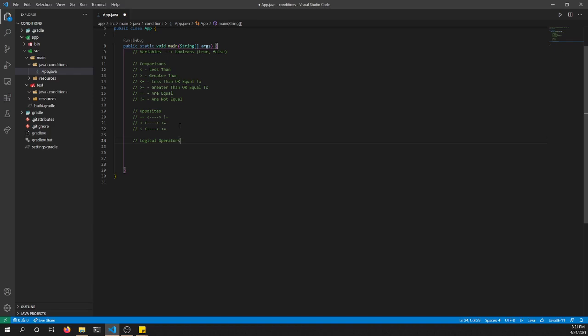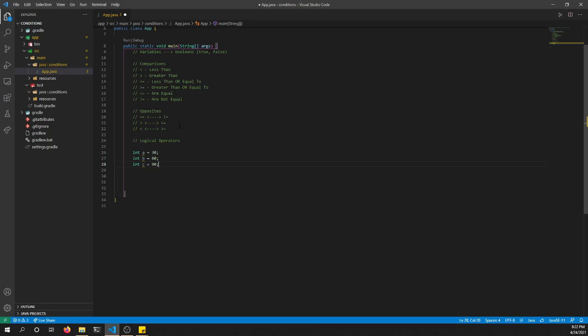So let's look at an example, and we'll use some integers for this. We'll say a equals 30, b equals 60, and c equals 90. So these are three angles in a right triangle.